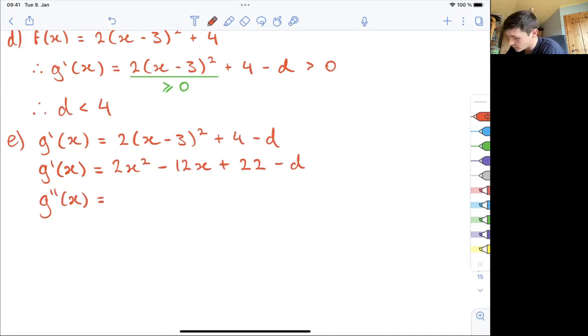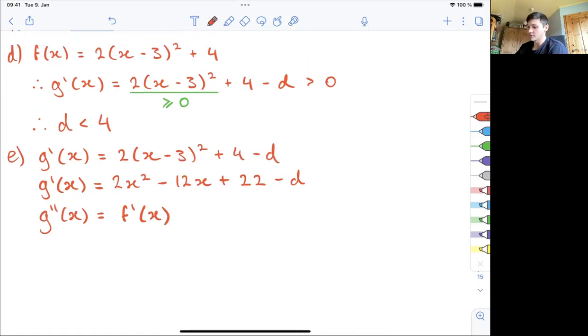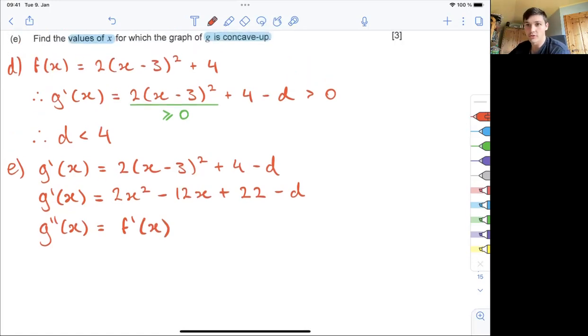So then, therefore, the second derivative of g is just going to equal the same as the first derivative of f. Because the only difference between the first derivative of g, or g dash x, and f dash x is this d element. So if we take the second derivative of g, the d and everything else would just drop off. The constants will just disappear.